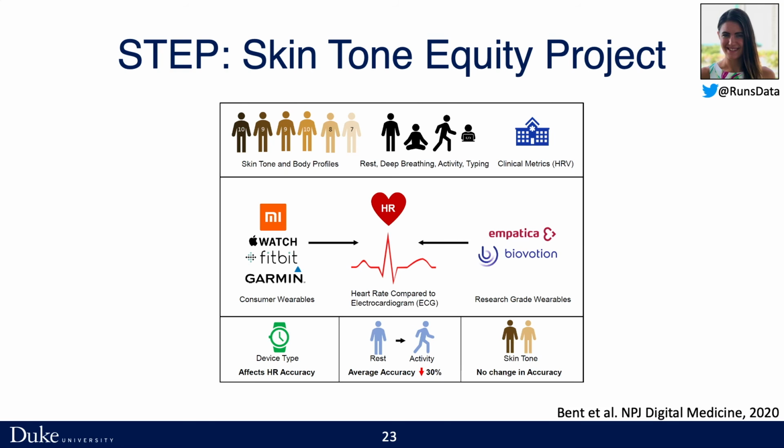And so the reason why that's important is that the red light is supposed to be a better wavelength for capturing these changes in blood volume or changes in hemoglobin content, oxygenated hemoglobin content underneath the skin across different skin tones.